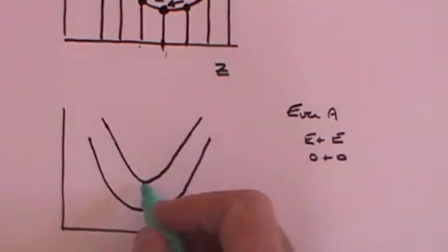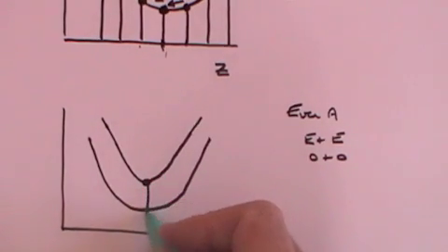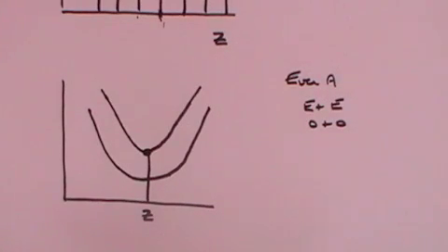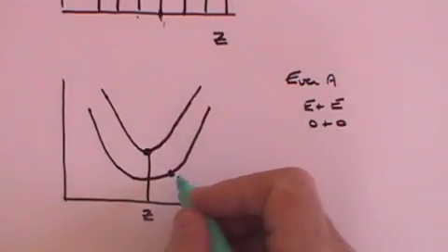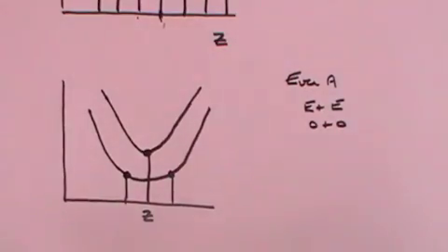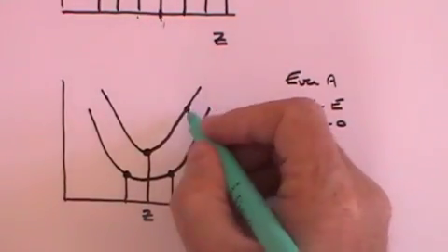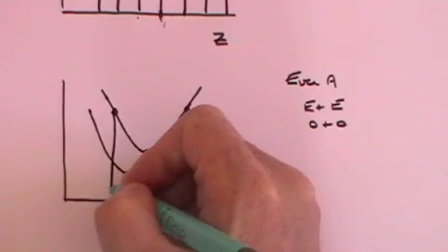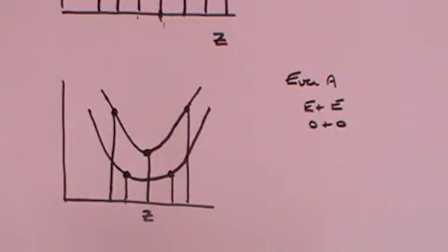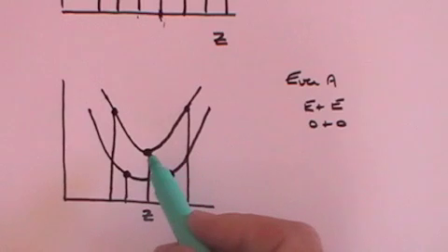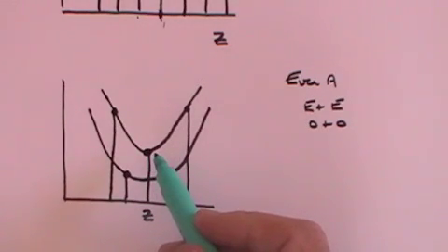And what you will find is that this is a value of Z on the odd parabola, but you may get this and this on the even parabola, and then you'll get another value here and another value here on the odd. Right, what happens when the nucleus gets to this value of Z?